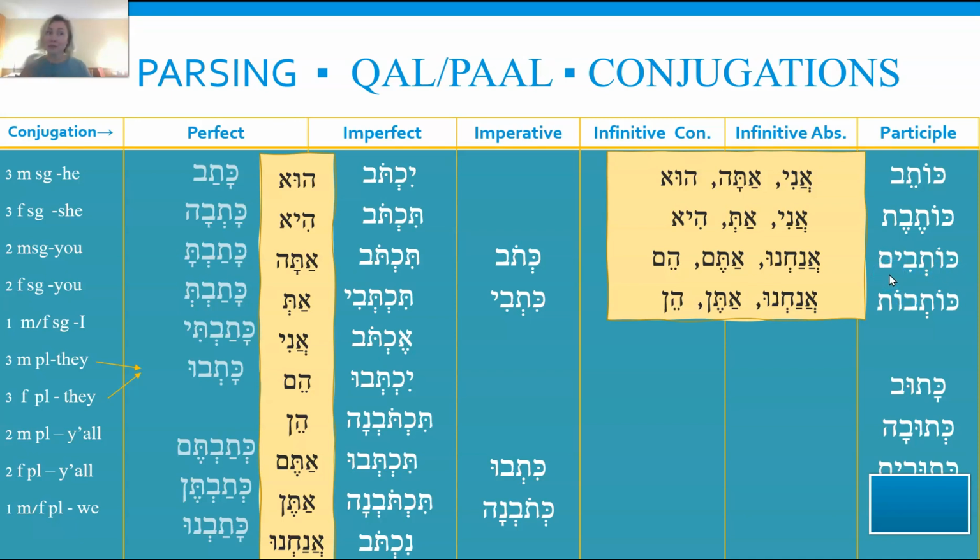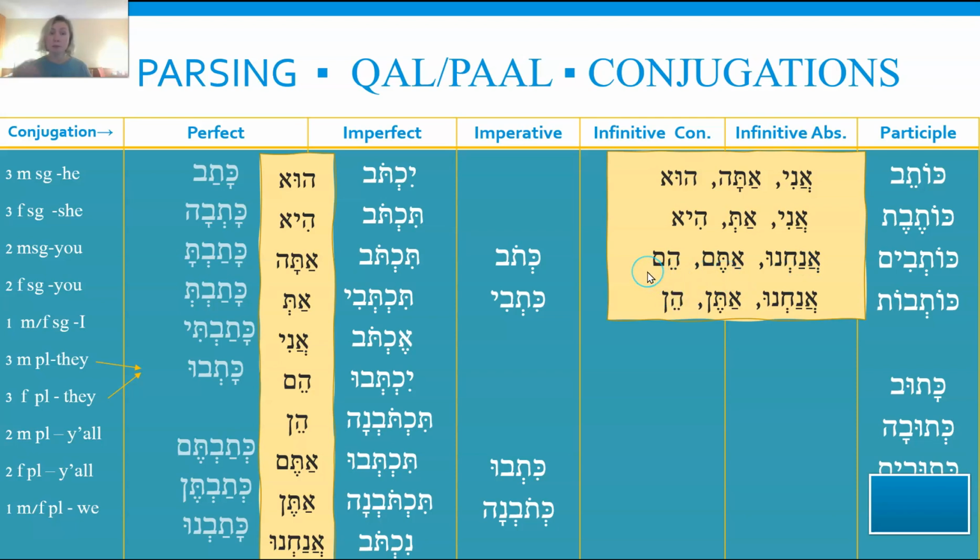The im, because of the ending, remember, because of the noun, we know this is a clear masculine plural form, and so it can correlate to any person in the plural, first, second, or third. Anachnu, we, atem, you all, right?